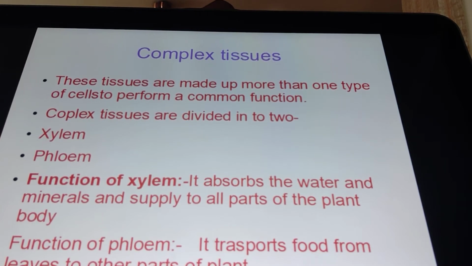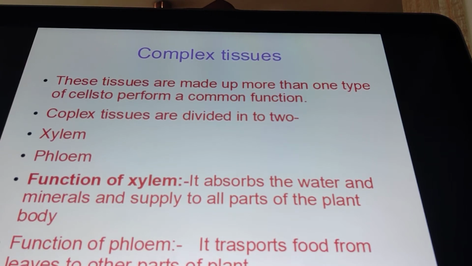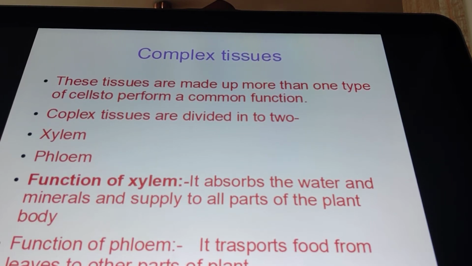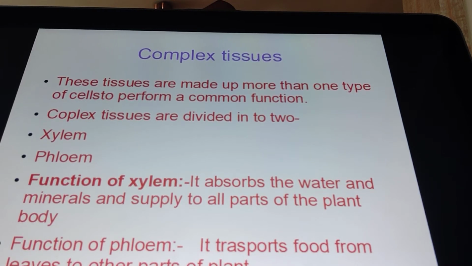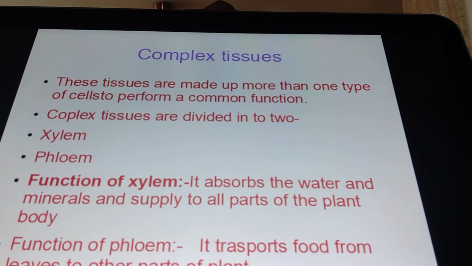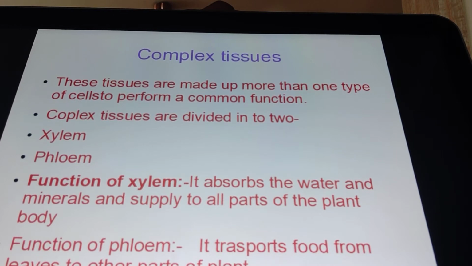Children, the main function of xylem, which you have already studied in the previous year, is that xylem is the tissue which absorbs the water and minerals and supplies them vertically to all parts of the plant body. These complex tissues are also known as vascular tissues. So here xylem and phloem together are known as vascular tissues.